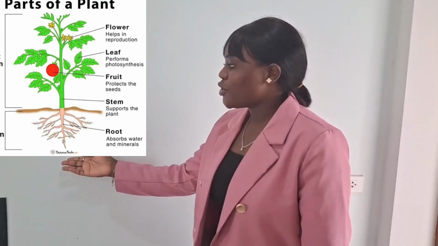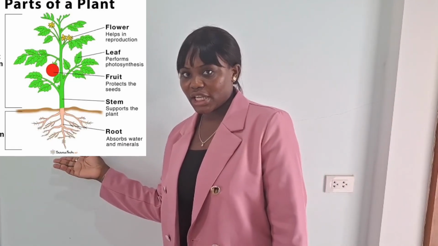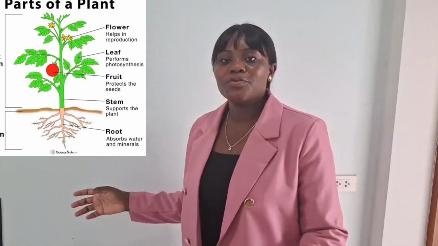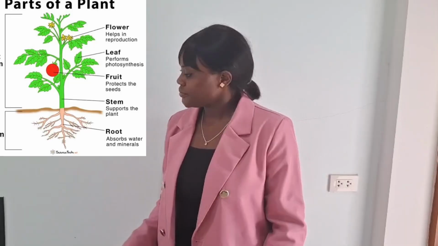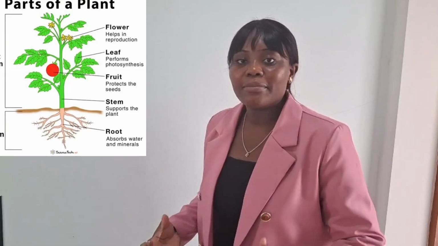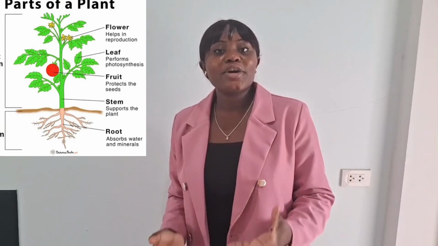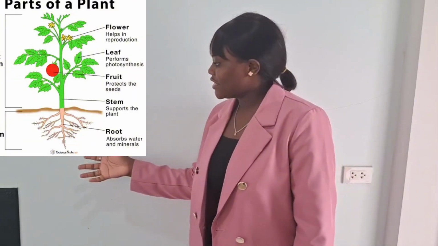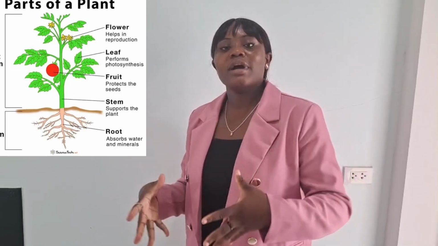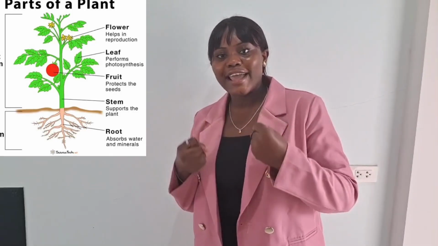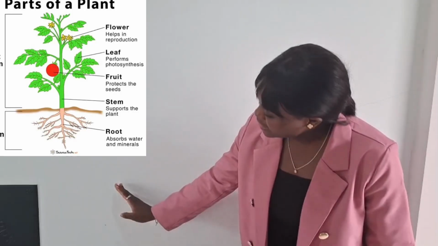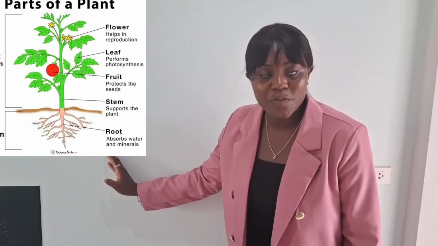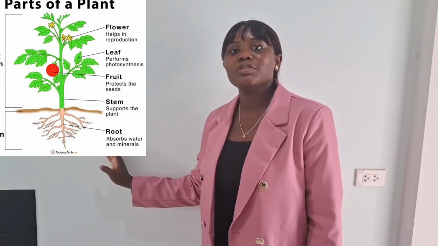Now, the root has its function. What does the root do? They absorb, meaning they consume water and mineral. The roots consume, absorb water and mineral. Then the root passes this water and mineral through the stem.